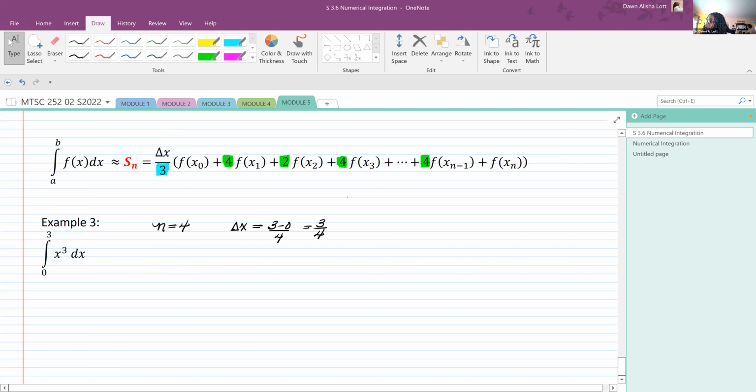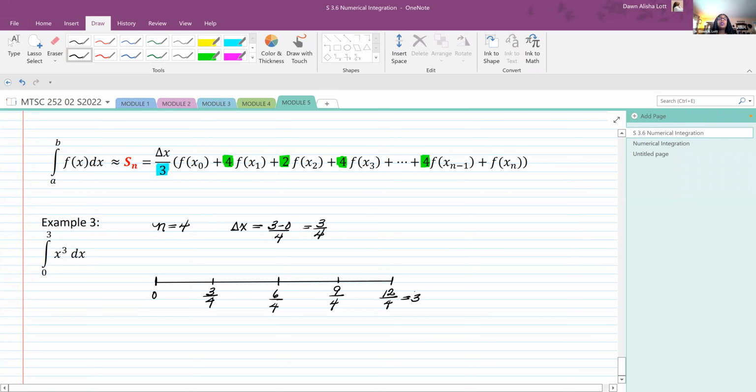Okay, we are going to then divide our interval from 0 to 3 into 4 equal parts. X0 is 0. This is going to be 3/4, 6/4, 9/4. And our last point, 12/4, which we said was 3.